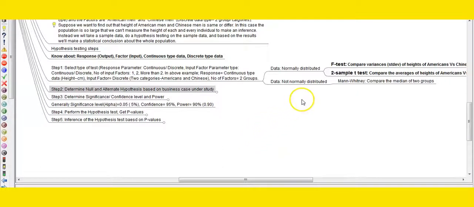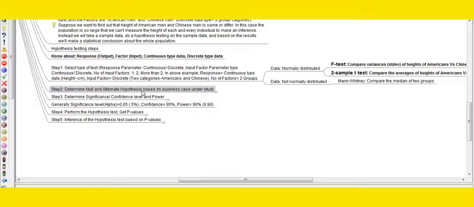Once we decide the type of test out of these three tests, F test, two sample t test and Mann and Whitney test, once we are through that, okay, this one test or these two tests are suitable for my data, we move ahead and we decide the null and alternate hypothesis based on the above data.